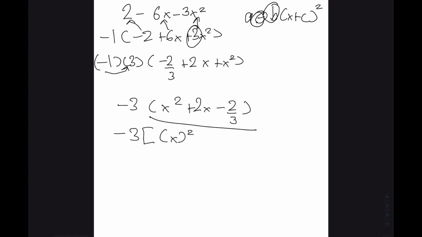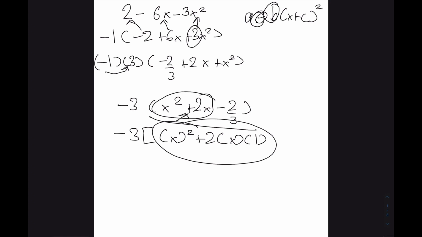And if you don't know how to complete the square, I uploaded a short a few days ago, and you can watch that short really quickly to understand how to complete the square. And we take 2 as 2ab, so x, and the value of b here will be 1, because I want this entire equation to be the same as what's written over here.